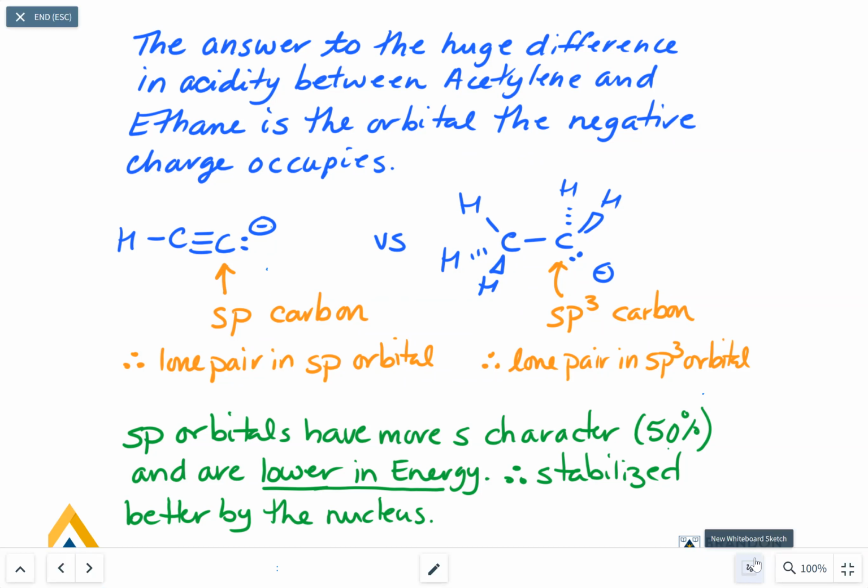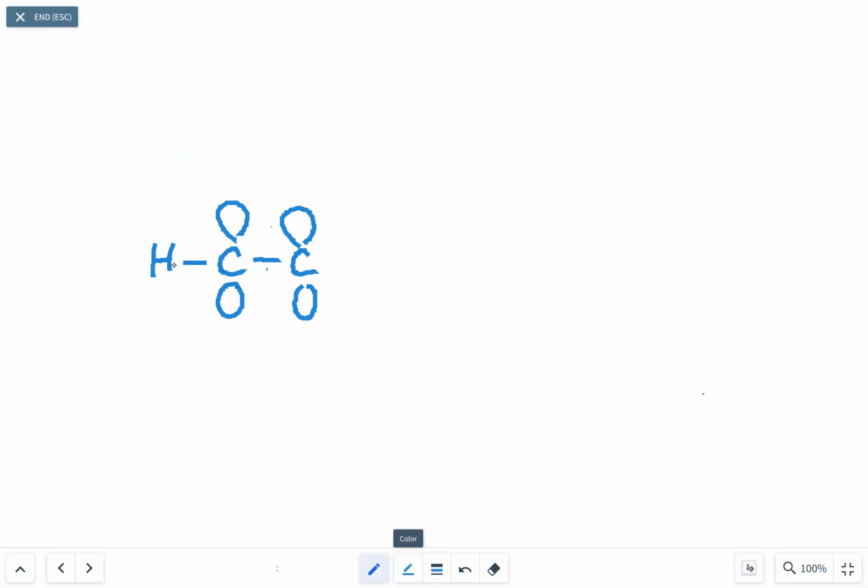Let's just look at this from a, so if we've got, so one of the sets of lone pairs, one of the sets of p orbitals is in the plane of the blackboard the way I've drawn it, and I've got them overlapping.